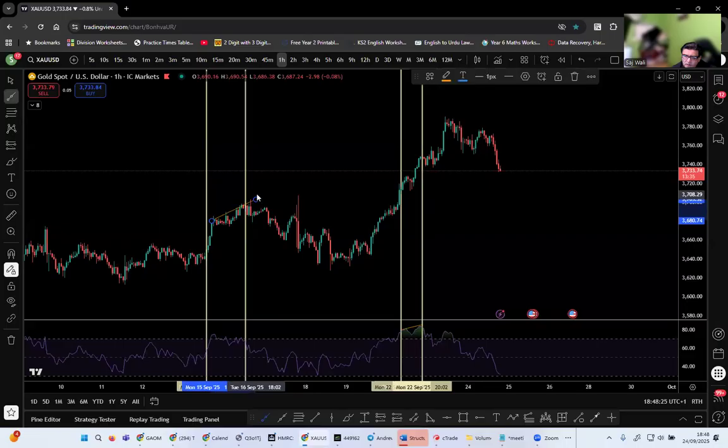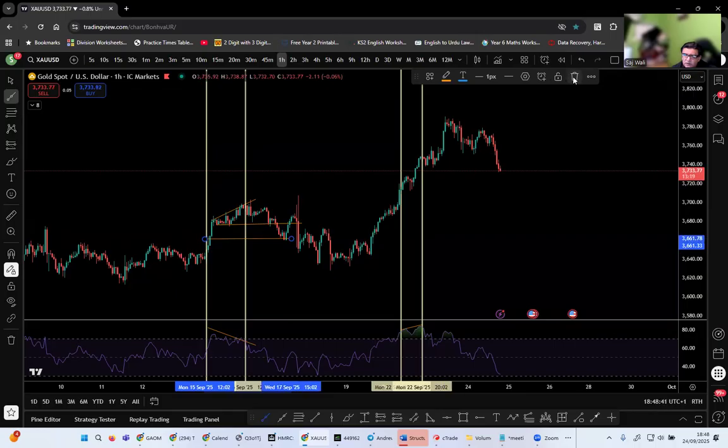Market going to the upside, RSI going to the downside, and on the break of this, we have a sell trade.